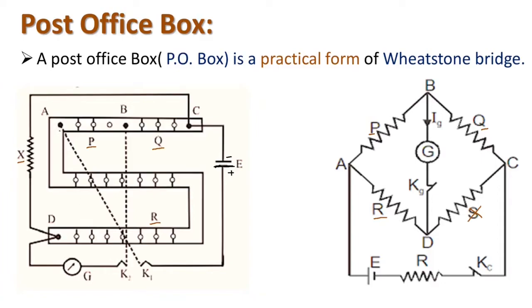Terminal A, internally first it is connected to K1 and here battery having EMF E, it is connected to terminal C. As we know the balancing condition of Wheatstone's bridge, we have P upon Q is equal to R upon X. Let us see the working of post office box.